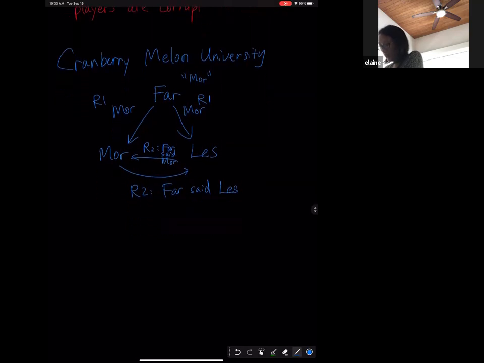In this example, the issue is that there's no signature. So when Moore says he said Less, there's no way for Less to verify if Moore relayed the message correctly. So there are two possible scenarios. In scenario 1, Farr and Less are honest, and Farr actually made consistent suggestions to both Moore and Less, but Moore is malicious, so she changed the message.